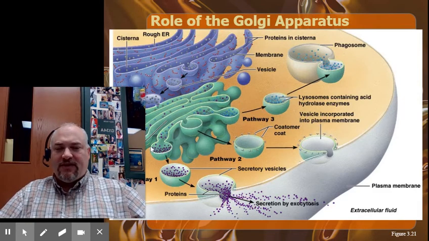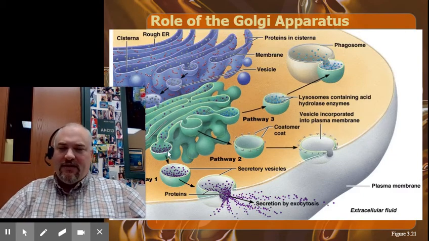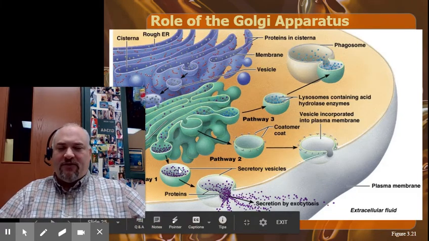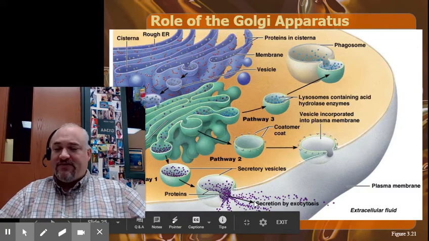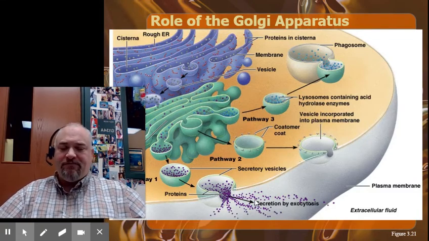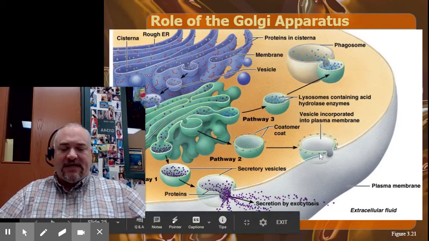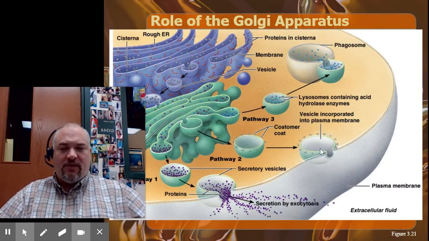Here's one that's collecting up all of the stuff that's going to get shipped out of the cell, pinching off a little transport vesicle, transporting out to the cell membrane, and you can see how it fuses with the cell membrane here and releases all this stuff out of the cell in one big batch. Over here we can see one that's actually going to be cell membrane. It's going to be incorporated in the plasma membrane. And over here we have one that's making those internal parts for the cell and keeping that right there.